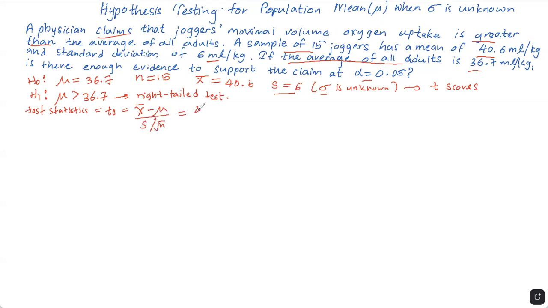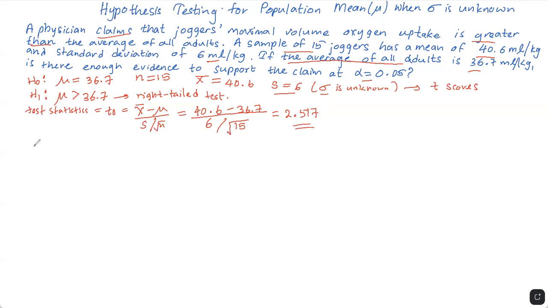So x bar is 40.6 minus mu value 36.7 divided by sample standard deviation 6 over square root of 15. So the test value is 2.517. So this is your test statistic value.